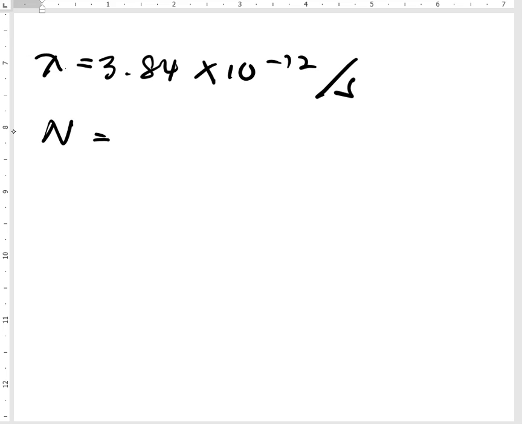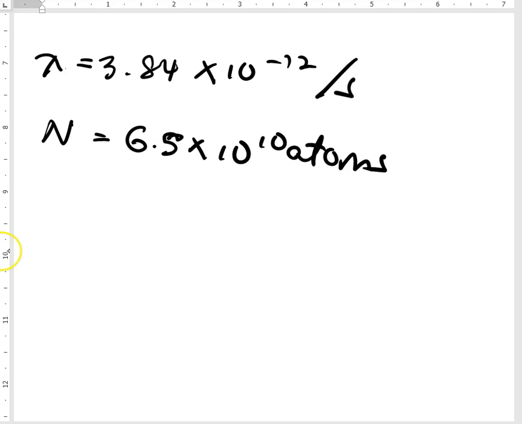From A and B, I already have the decay constant, which is 3.84 times 10 to the power of -12 per second, and the number of atoms for the carbon, which is 6.5 times 10 to the power of 10 atoms. Then I need to find the becquerels per mass.